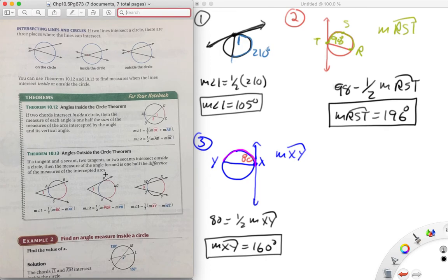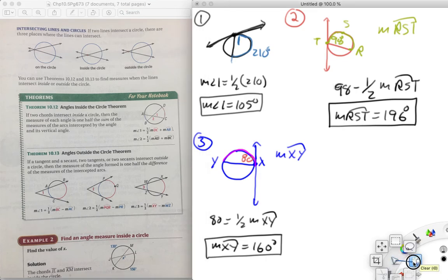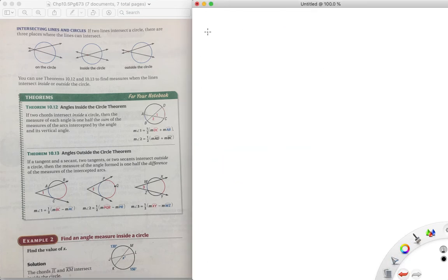So that equation was one where one of the sides of the angle was a chord, and the other side of the angle is a tangent line. So what does that look like when we have our intersection inside? So we've dealt with various intersection points to this point in this chapter.